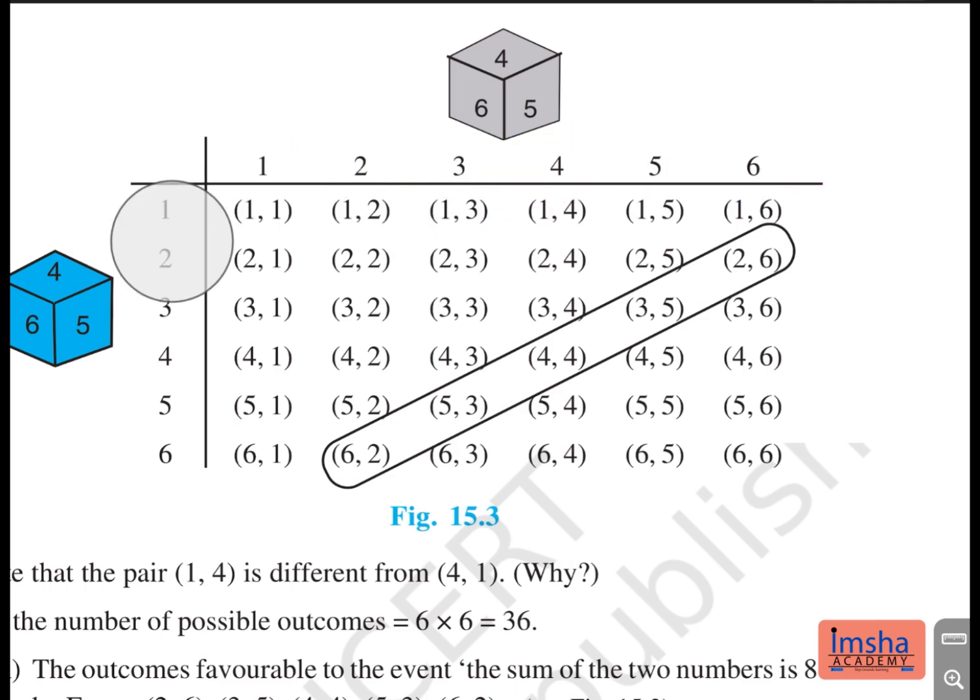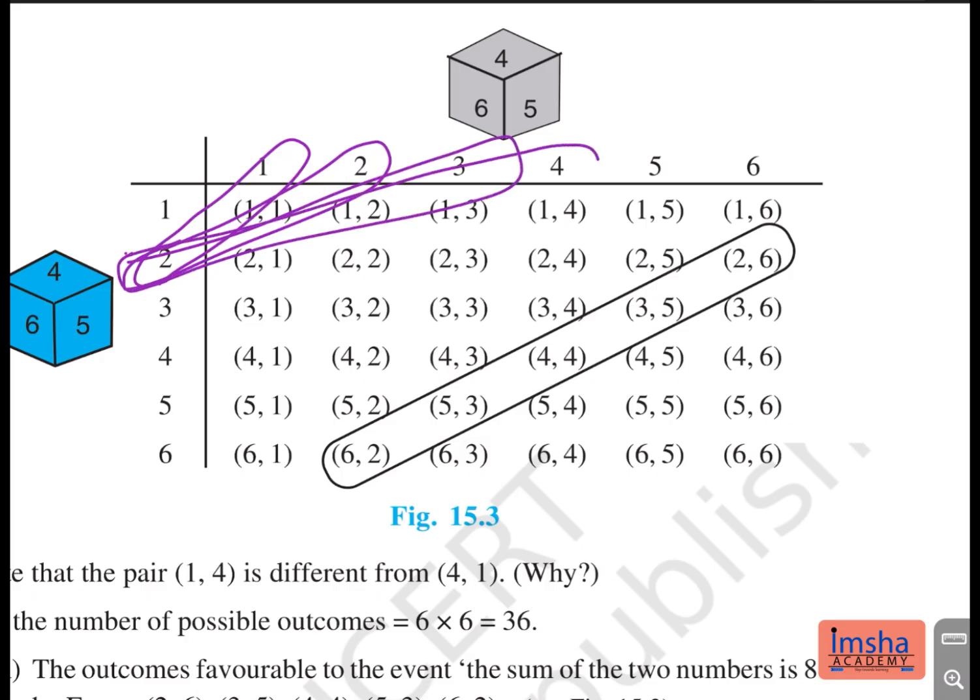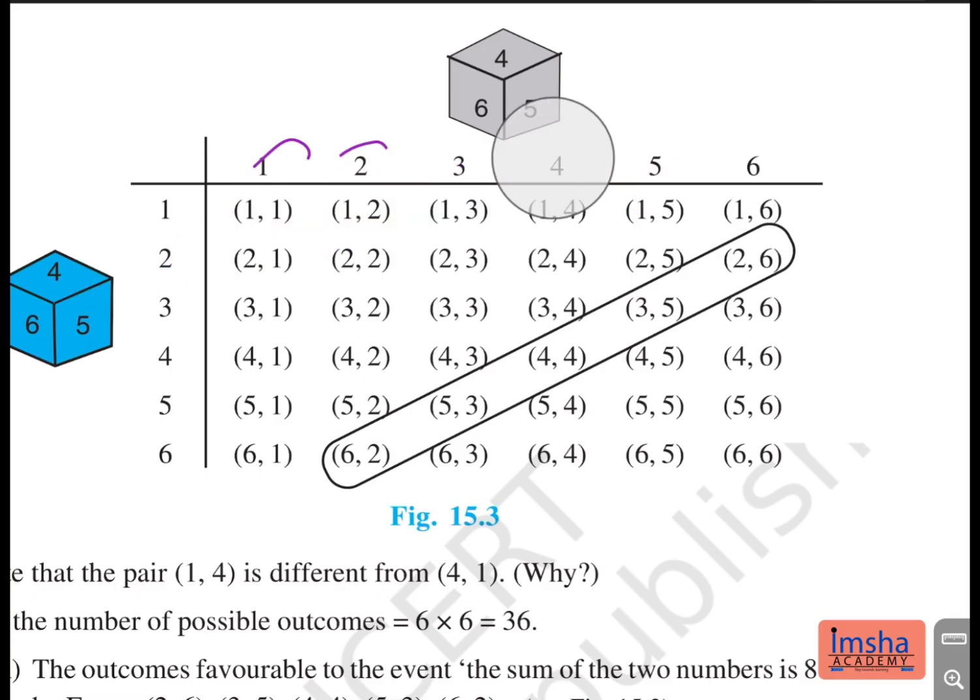Second, like that only, 2 1, 2 2, 2 3, 2 4, 2 5, 2 6. Like that, 3 1, 3 2, 3 3, 3 4, 3 5, 3 6. This first number represents the blue and the second number represents the grey die.